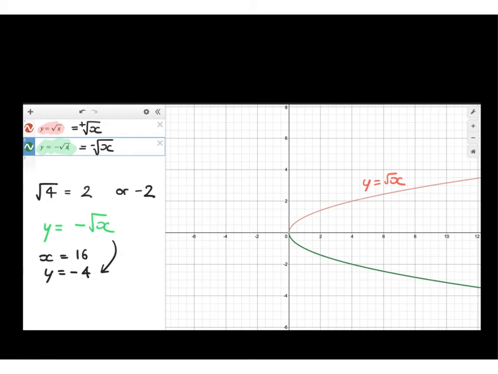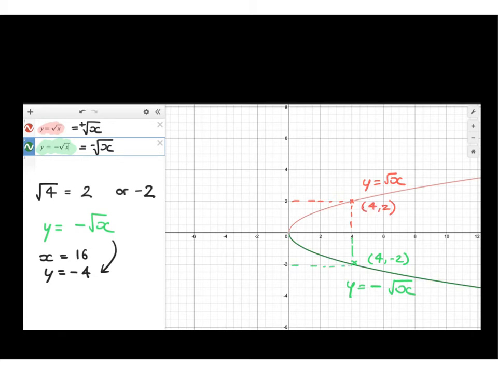This produces all of the negative roots, which can be demonstrated by the green graph here. So there's y equals negative the square root of x. If you pick an x coordinate of 4, we can either generate a y coordinate of 2 on the red graph, or we can generate a y coordinate of -2 on the green graph.